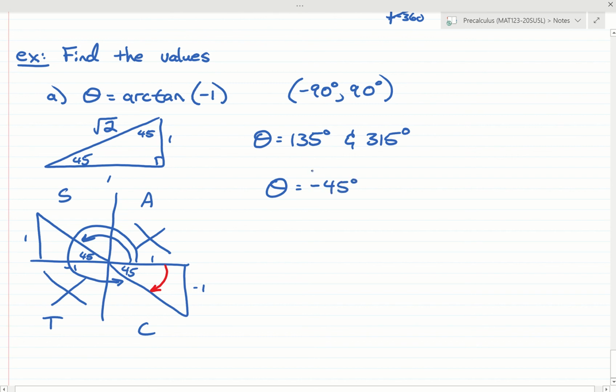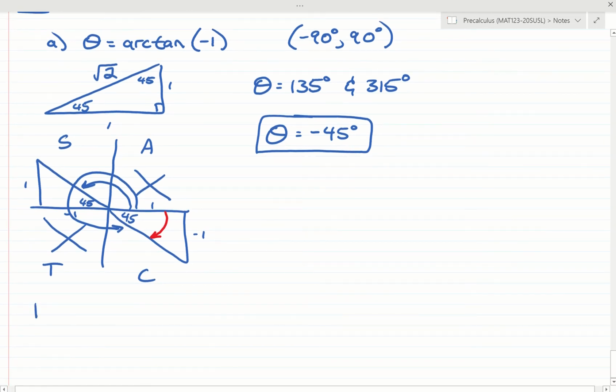If you typed into your calculator, what is the inverse tangent of negative 1? It would tell you negative 45 degrees. I'm just going to double check here, and that's where it comes from. If instead I asked you, theta is equal to the inverse tangent of negative 1, it's totally fine to give those other two answers.